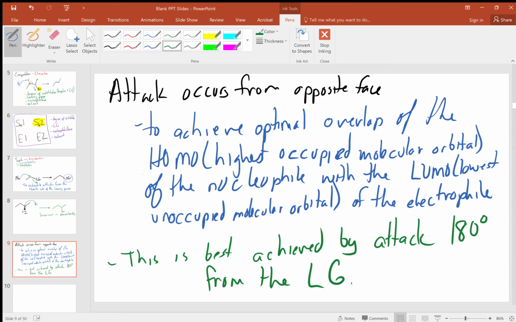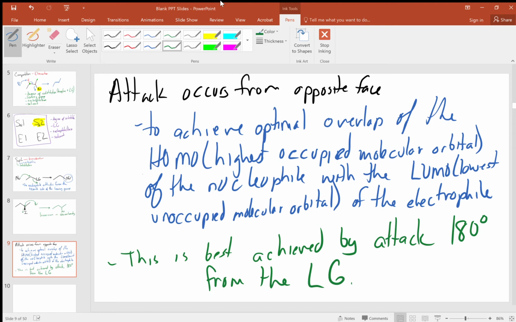Alright, so let's go back to this previous statement and just talk about what we mean a little bit more. So you should recall from general chemistry that when bonds are forming, the atomic orbitals combine to form molecular orbitals. And then just like with atomic orbitals, those molecular orbitals are filled from lowest energy to highest energy.